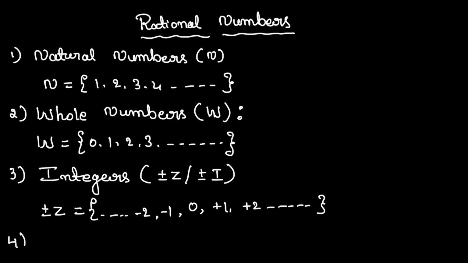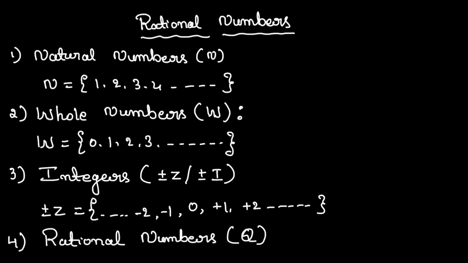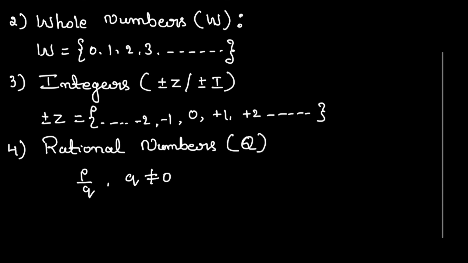Then fourth type is rational number. Rational numbers are represented with capital letter Q. It is in the form of P by Q, and the condition is Q is not equal to 0, if P and Q are integers.